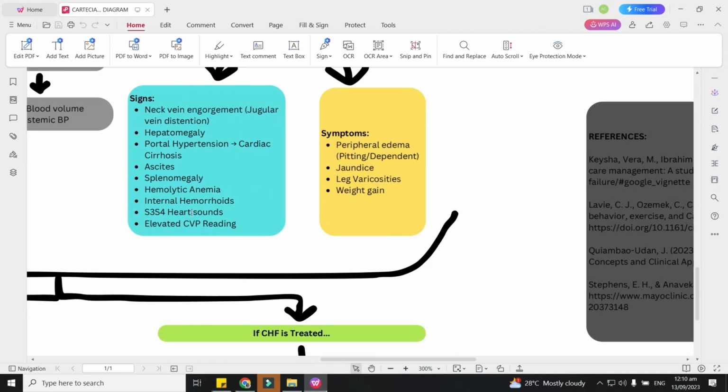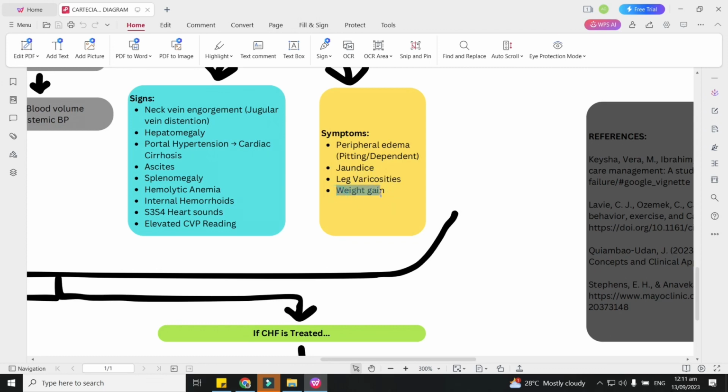Then S3 S4 heart sounds also will be heard, then elevated CVP reading. Then the symptoms or what the doctor would observe is our patient will have peripheral edema. Of course, it can be pitting or dependent. So, which is very present also with our patient, and then jaundice and leg varicosities, and of course weight gain.